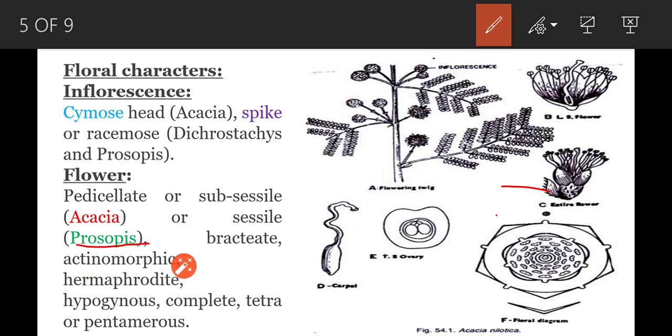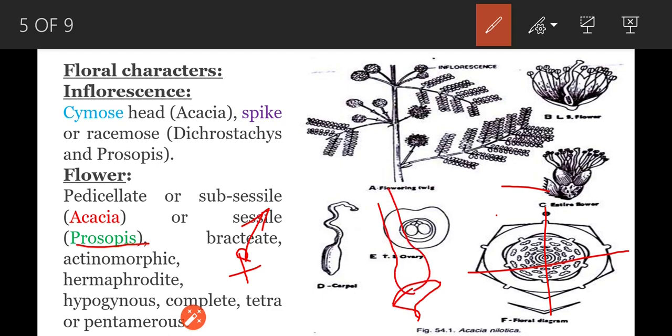Next, actinomorphic flowers. We can cut the flower into two equal halves in any plane. Such flowers are called actinomorphic flowers. Hermaphrodite, that means bisexual flowers. Next, hypogynous flowers. Hypogynous flowers means the thalamus is generally conical shaped. On the conical shaped thalamus, gynoecium is present.